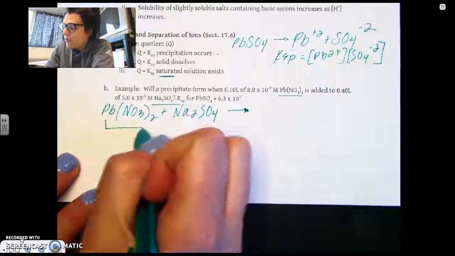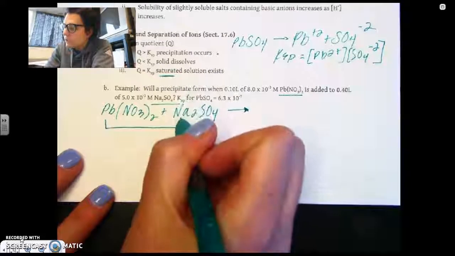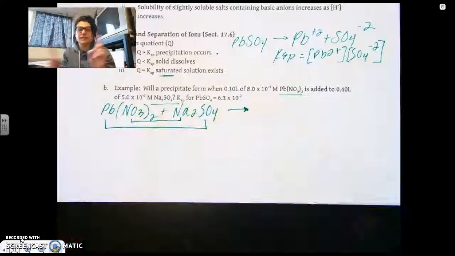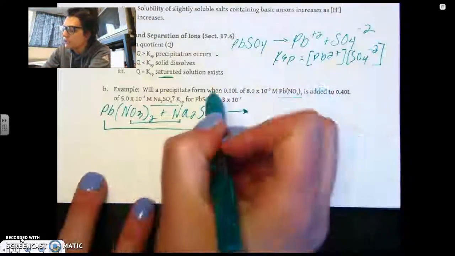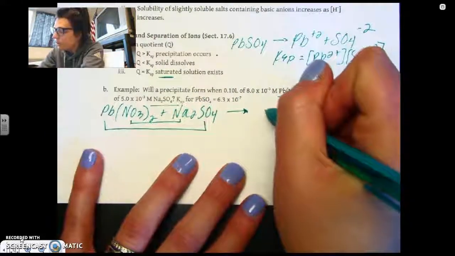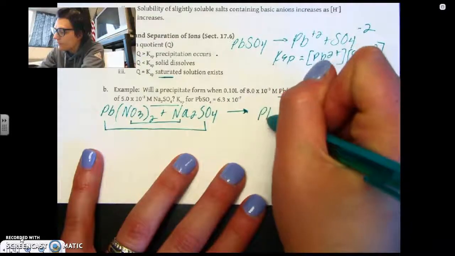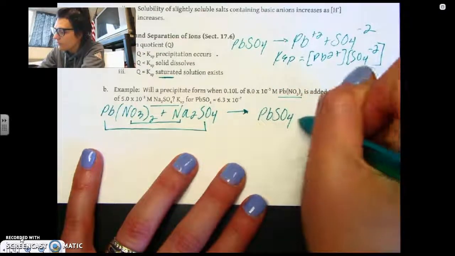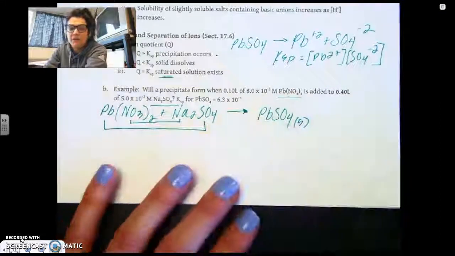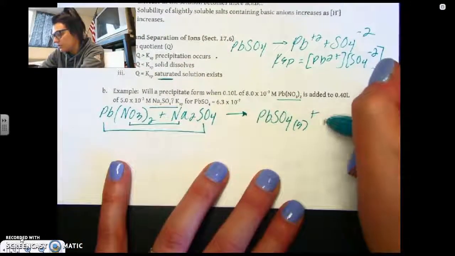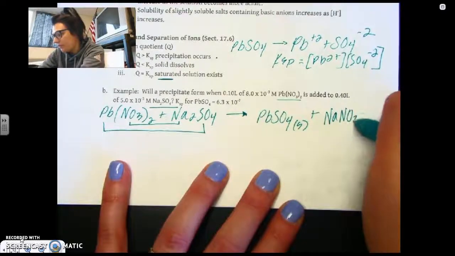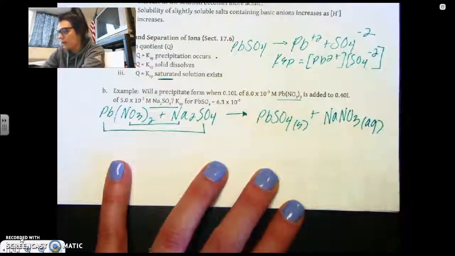So you have these two reactants, and you form lead sulfate and sodium nitrate. You're replacing partners. Because if you remember, nitrate is always soluble, so the NaNO3 will be aqueous.